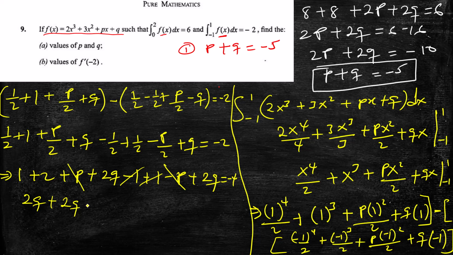So 3 plus 4q equals -4, so 4q is -7. Therefore, q is -7 over 4.